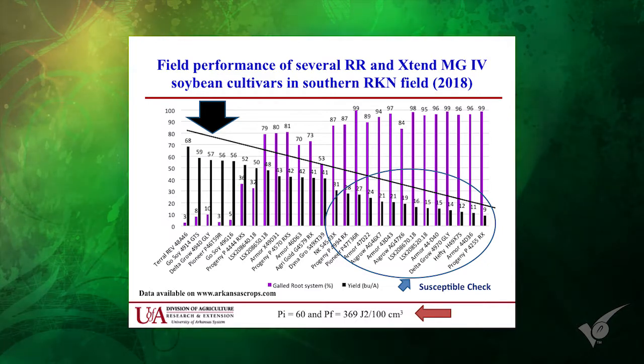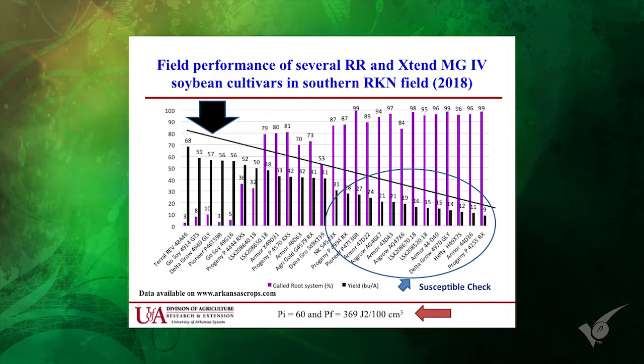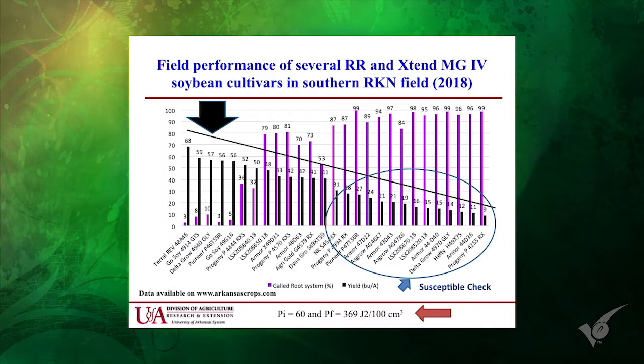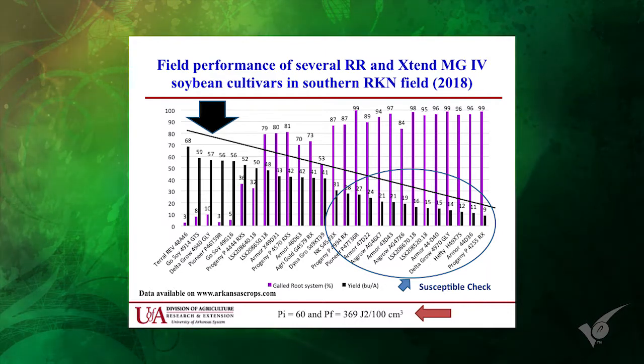So in this one, the magenta bar is the galling. This year was definitely more stress than what we saw last year. And if you saw this data before on our website, the yields look much better. But because of the stress we had in June and July, these yields are much lower and the galling is much higher.